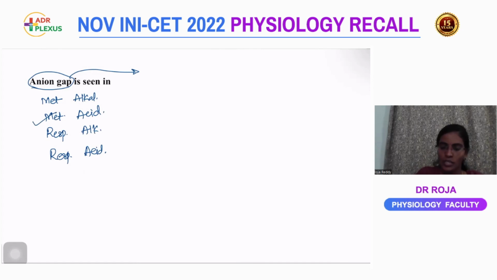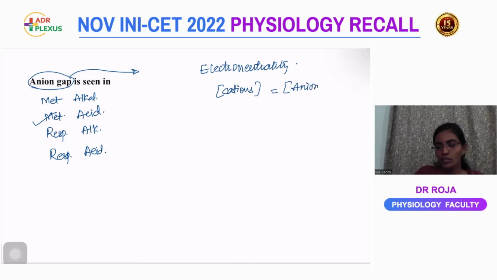So what is this anion gap basically? According to the principle of electroneutrality, the concentration of the cations must be equal to that of the anions in the body. But all of them are not measurable, and there will be a difference which is created due to those non-measurable components.